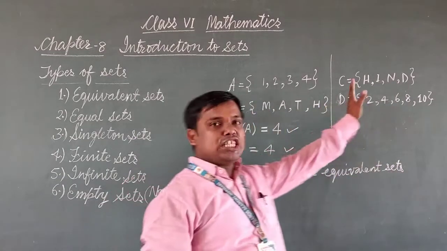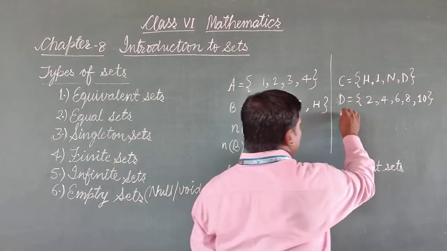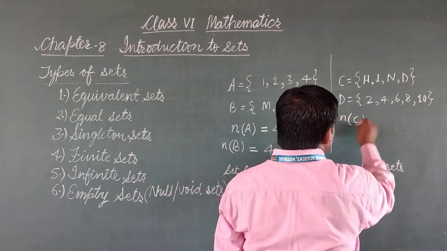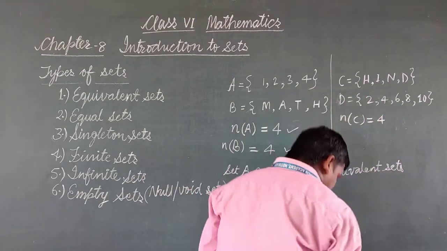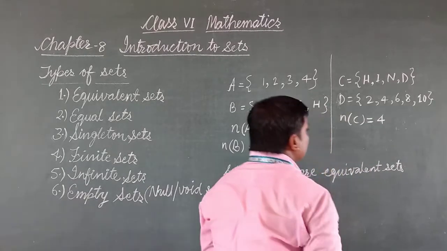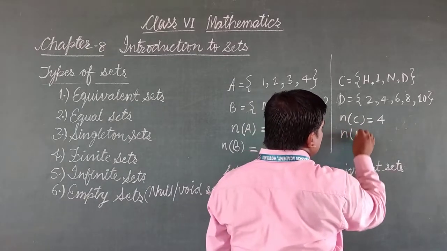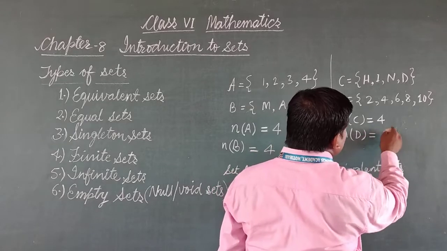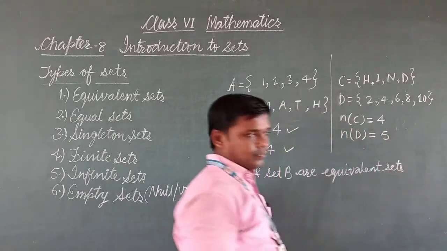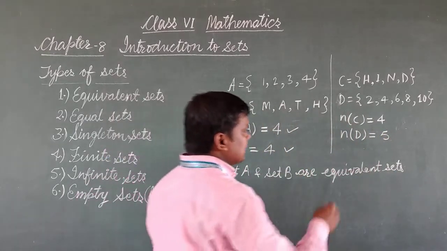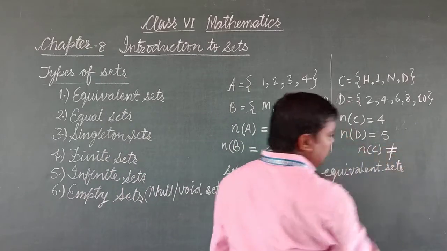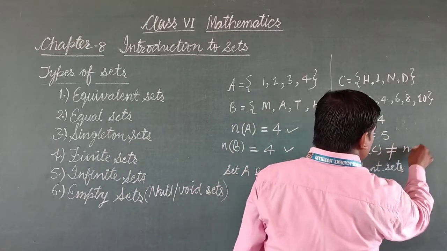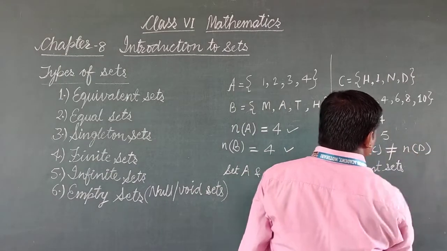Now in these two sets, the cardinal number of set C is equal to 4 and the cardinal number of set D is equal to 5. So as you are seeing, the cardinal number of set C is not equal to the cardinal number of set D.